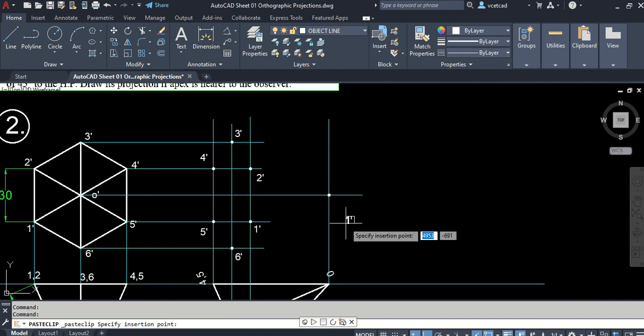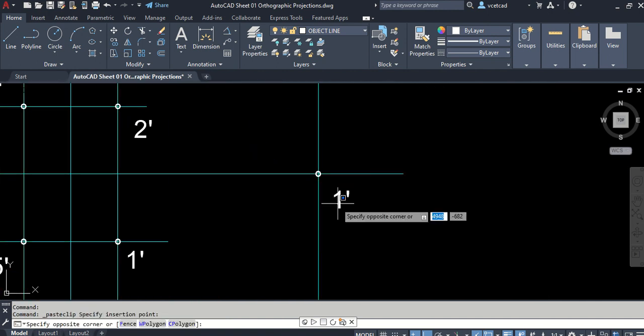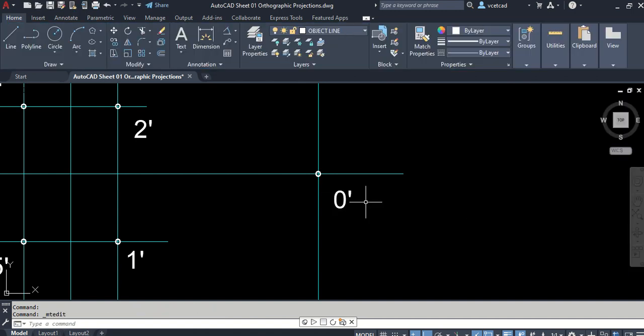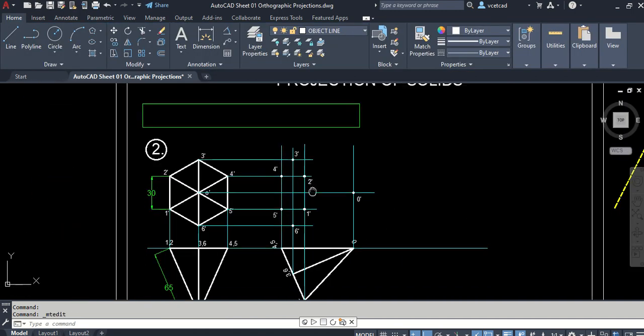Here you will get point O dash. Okay, so now we have to connect those points.